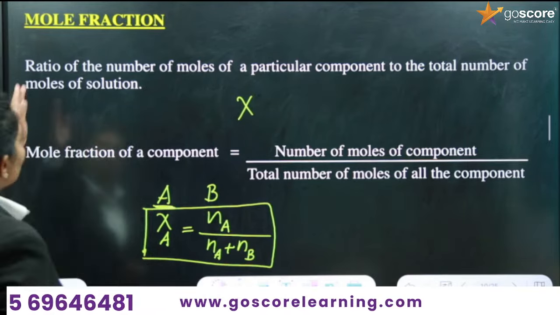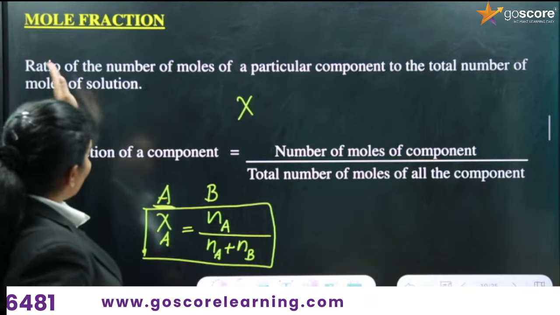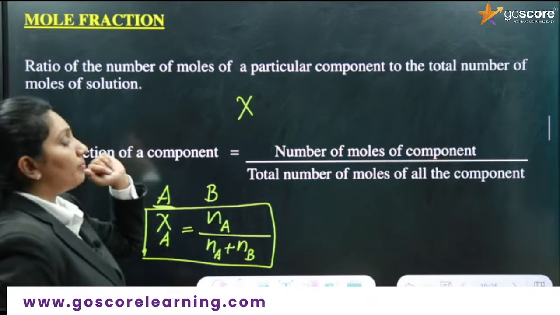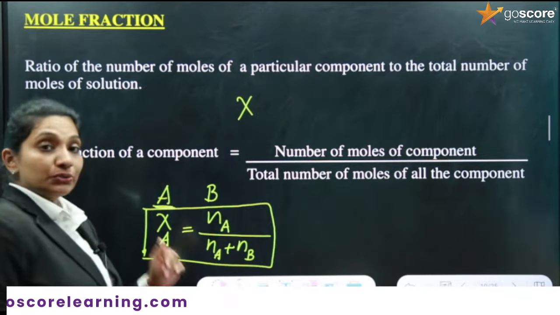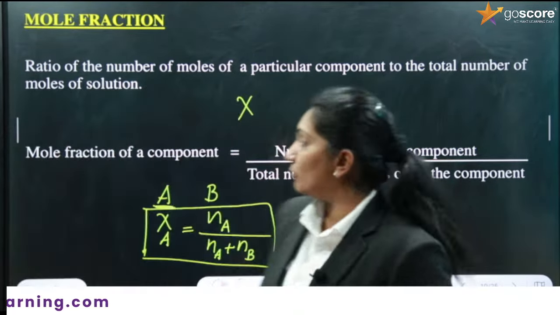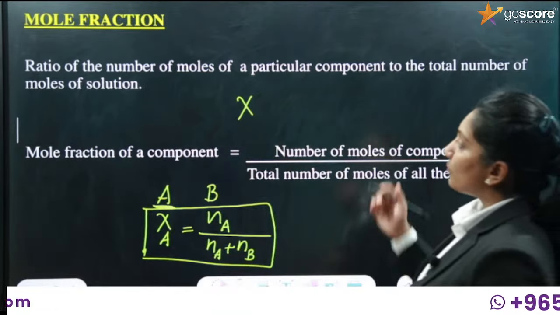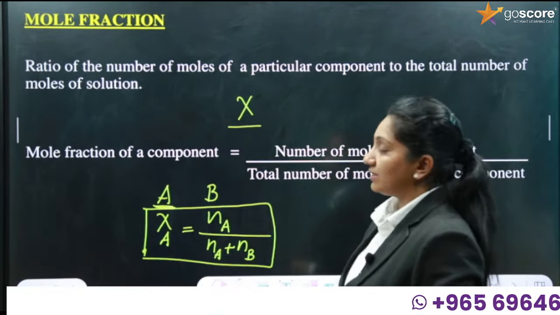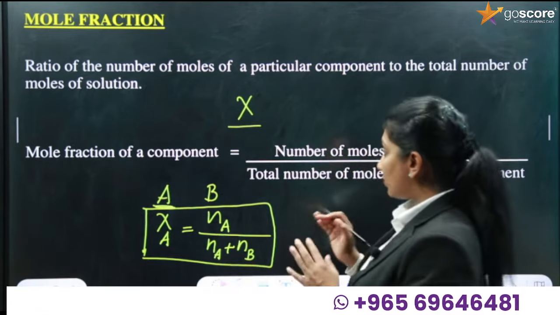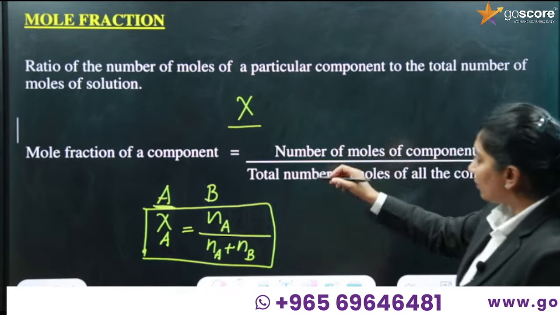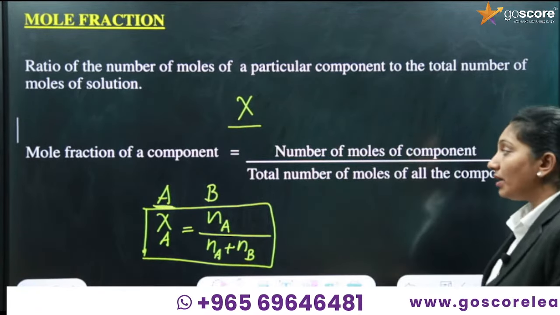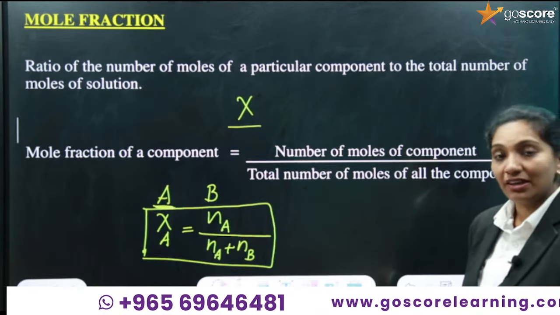Okay, so the mole fraction is the ratio of the number of moles of a particular component to the total number of moles of the solution, and it is expressed with the symbol chi.